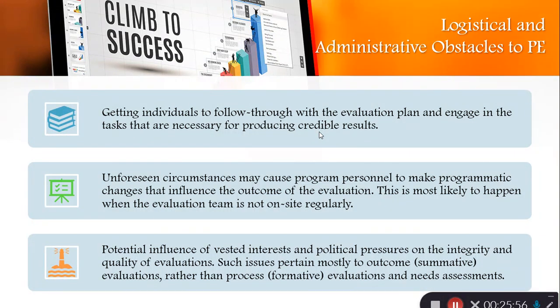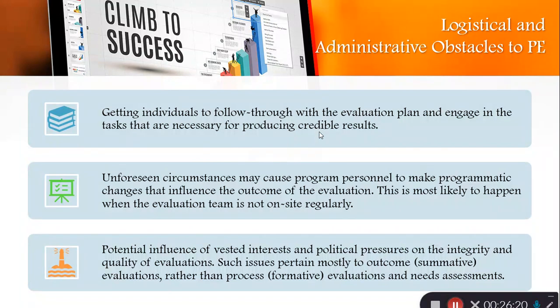Oftentimes, funding for a particular evaluation does not permit having someone from the evaluation team on site regularly. And so there are times in which program staff can inadvertently make changes to a program that they don't always realize has an impact on the outcome of an evaluation.